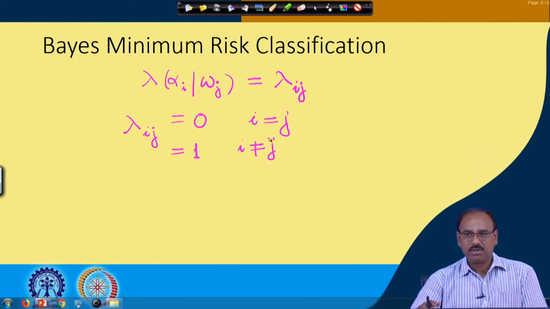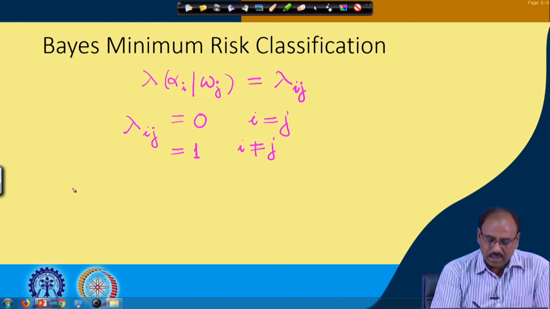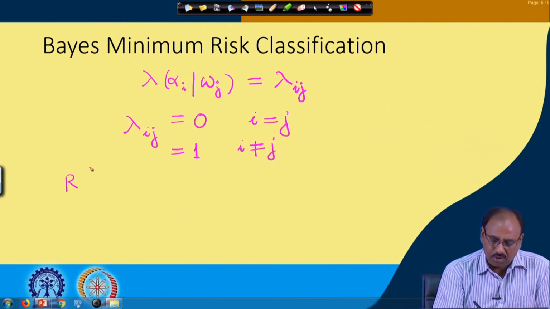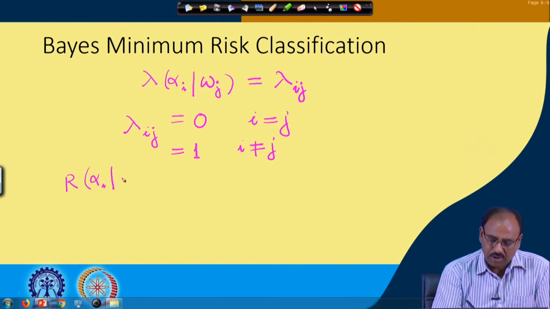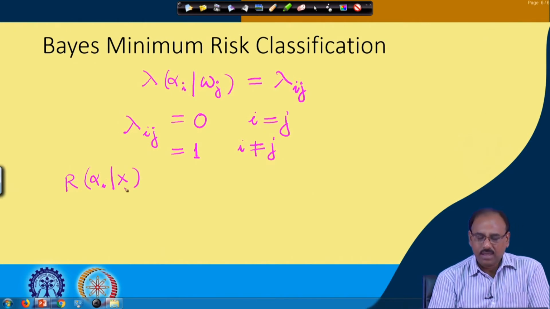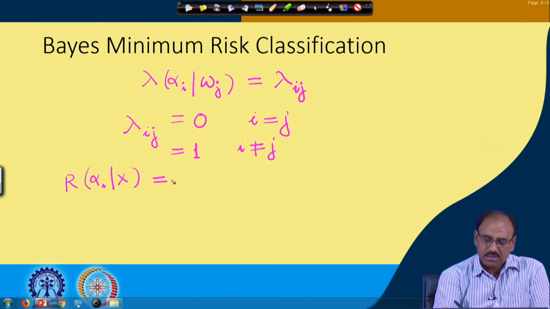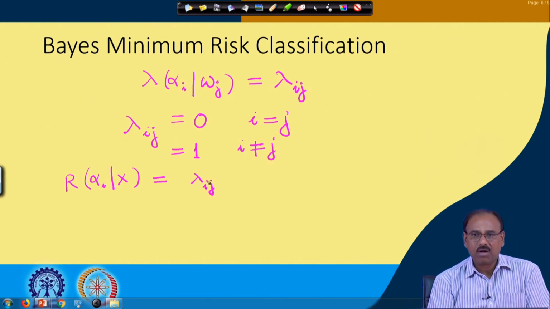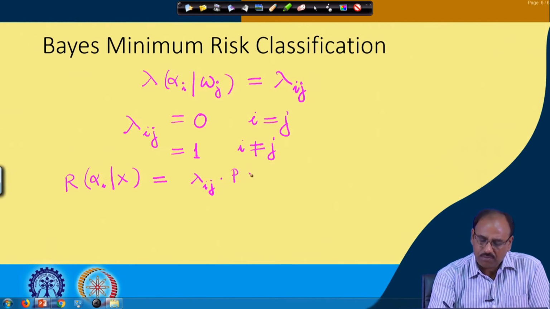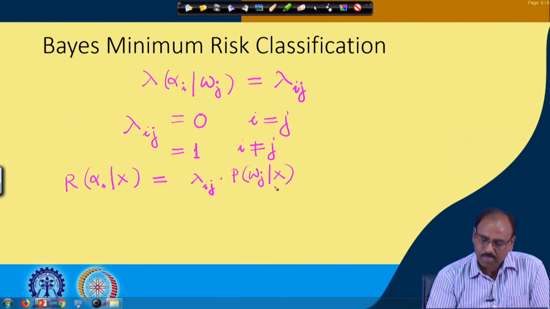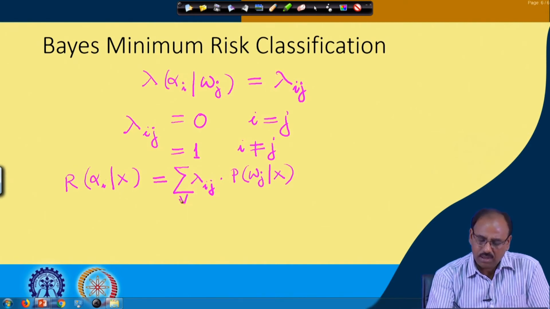So, lambda i j is equal to 0. Given this, now if I compute the risk involved in taking an action alpha i given x, which we have said is nothing but lambda i j, that is lambda of alpha i given omega j, into p of omega j given x, and sum of this over all j.